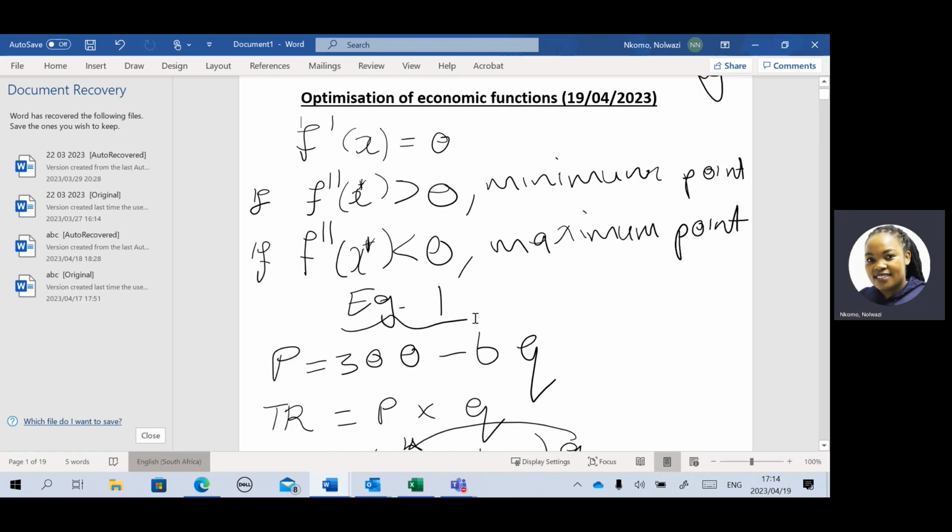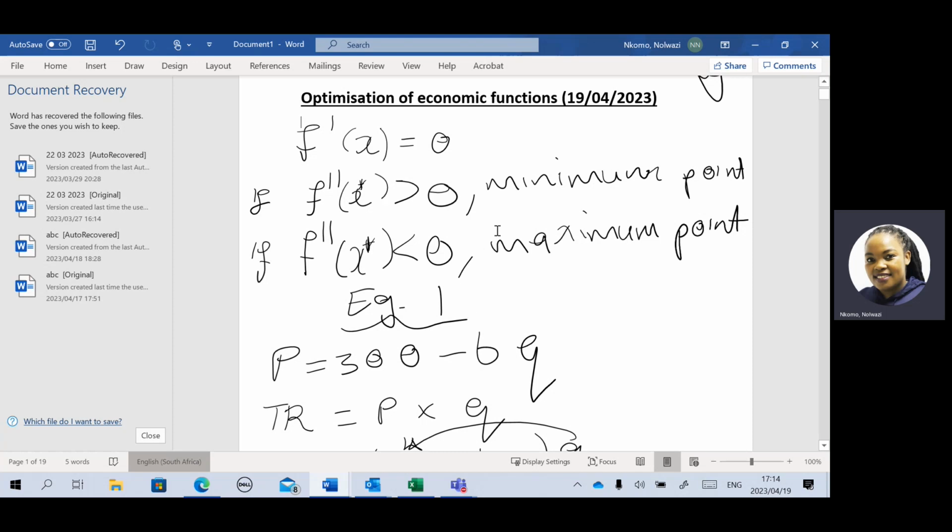We have our total revenue and we are trying to maximize it. We said we need to find the turning point, because the turning point should be where our total revenue is at a minimum or at a maximum.